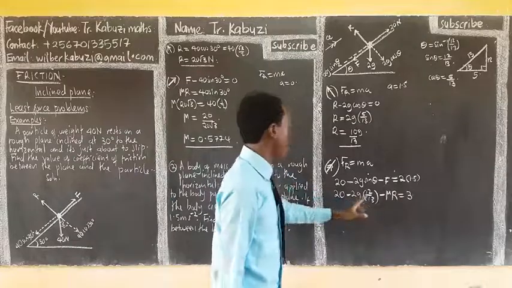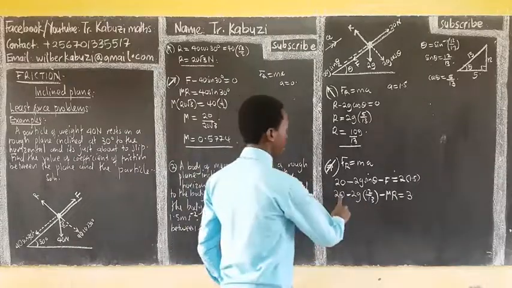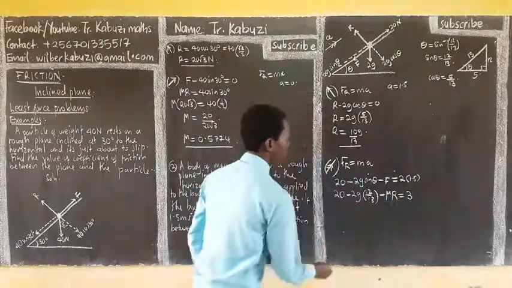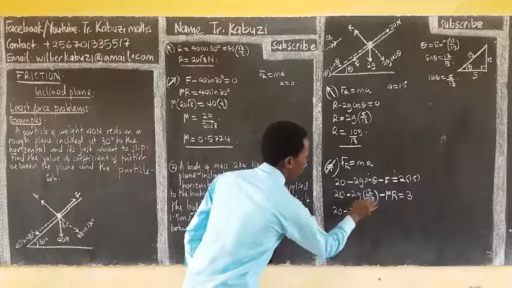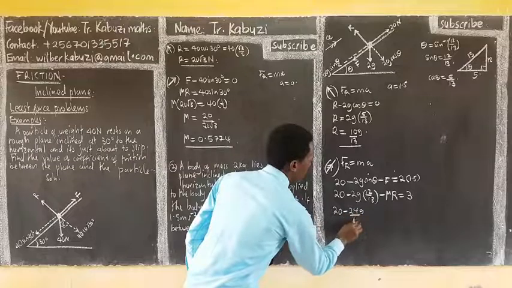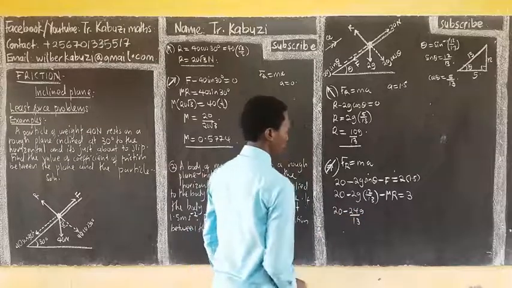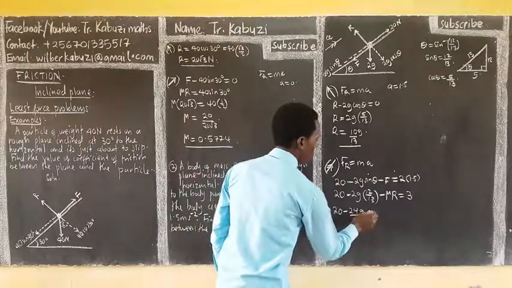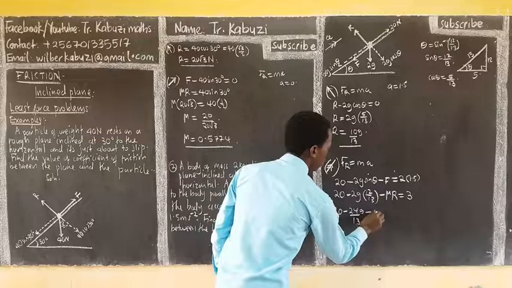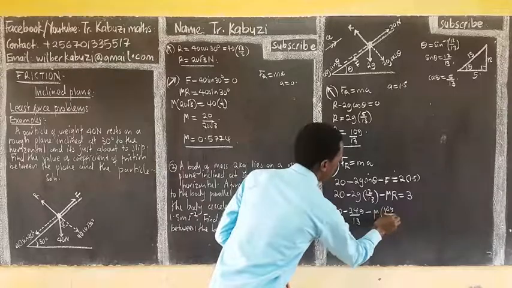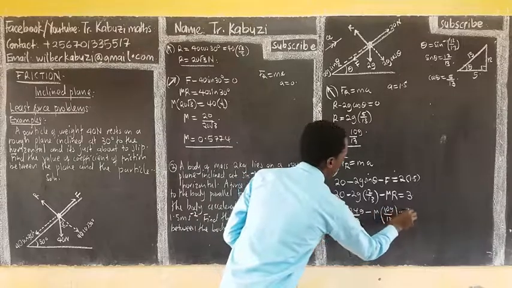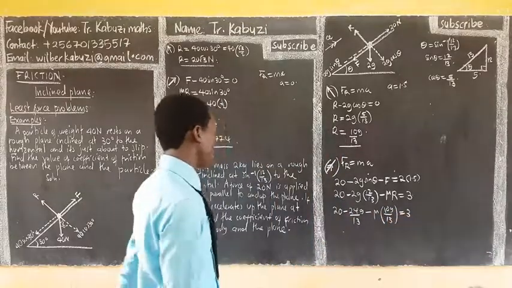So we have our R as 10g over 13. So we have 20 minus 24g over 13, then minus mu times 10g over 13, equal to 3.